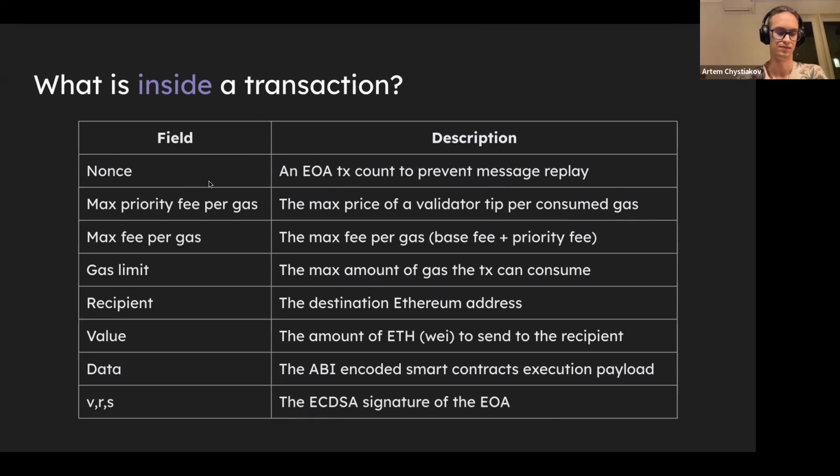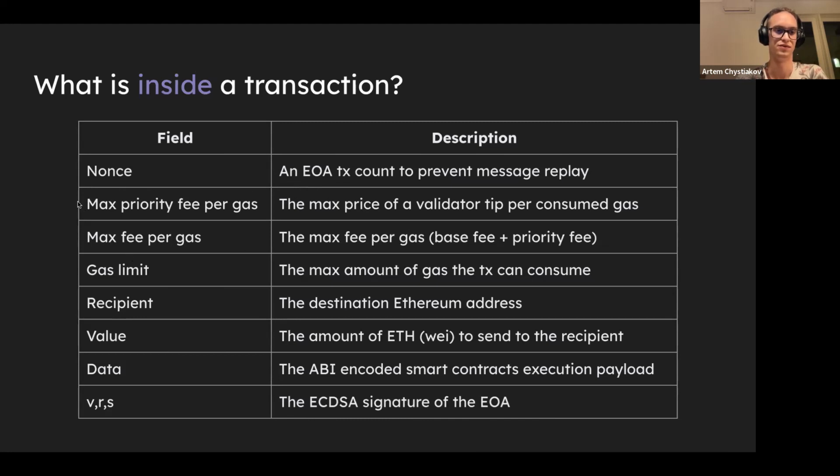And every next transaction will have this field incremented. If you're talking about smart contracts, there is a nonce present for each smart contract, but it does not count initiated transactions. It is how many smart contracts this smart contract has deployed. But still, every smart contract also has this special nonce.